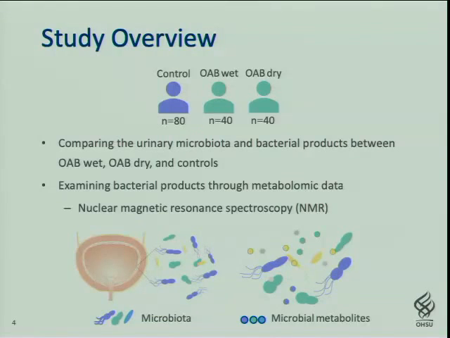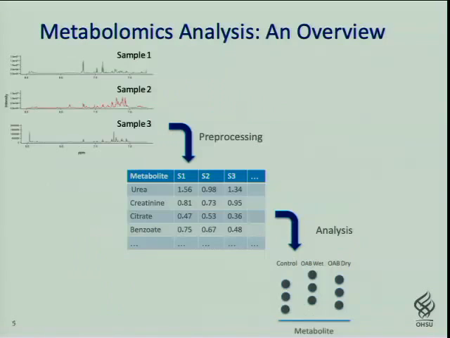To look specifically at the bacterial products, metabolomics data is used, and this is collected through nuclear magnetic resonance spectroscopy, or NMR. When analyzing metabolomics, you begin with this output from NMR, which are labeled as spectra. Each sample has its own spectrum that can be plotted in this manner.